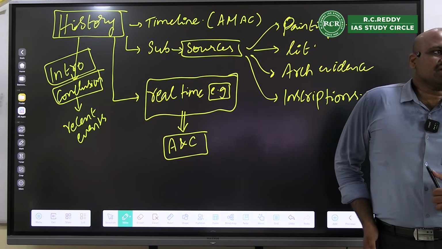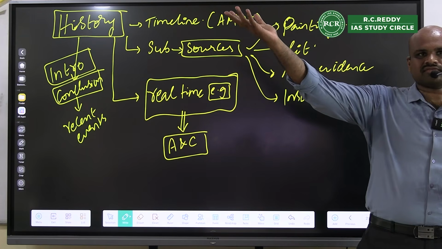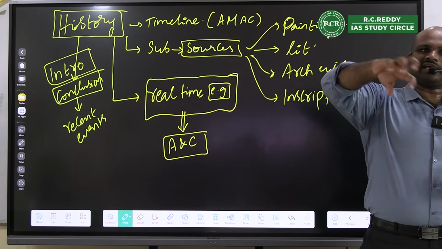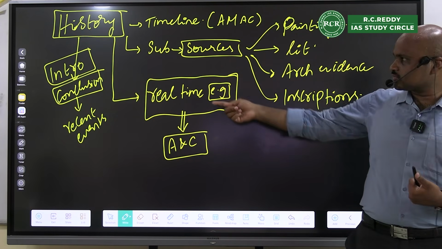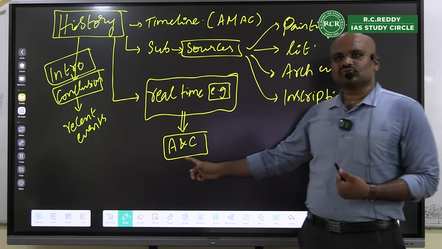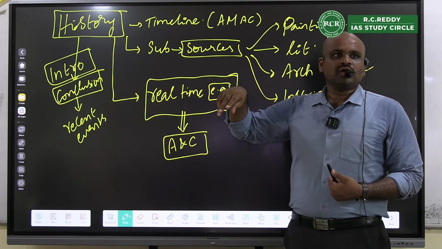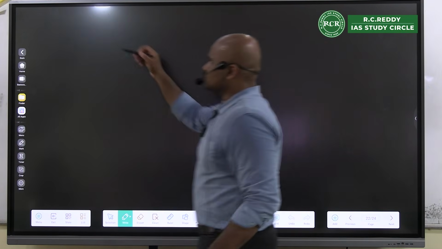In that context, you are supposed to write the context of the Sengol. Bring in that context and put it either in the introduction or in the conclusion. That can be brought in with respect to history. Very, very important when it comes to art and culture, ancient and medieval. The second component in history is modern.